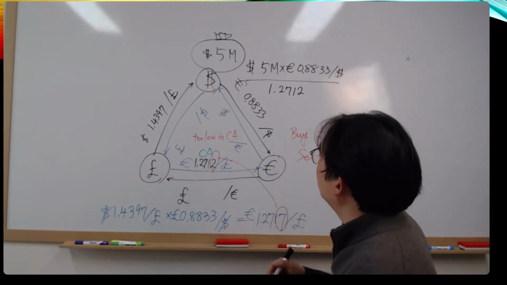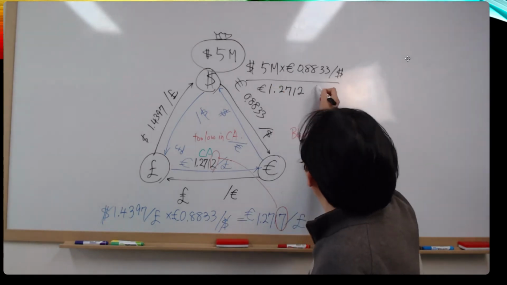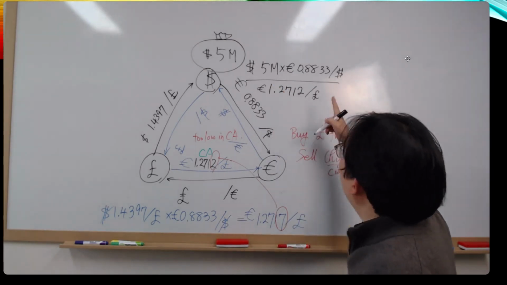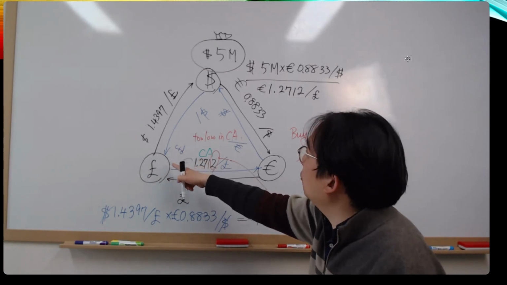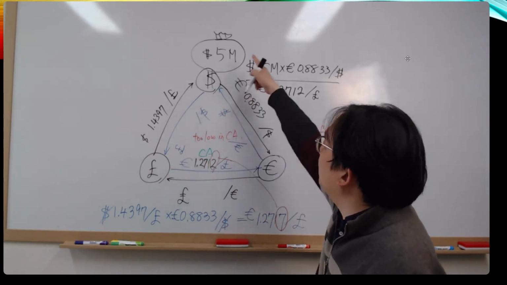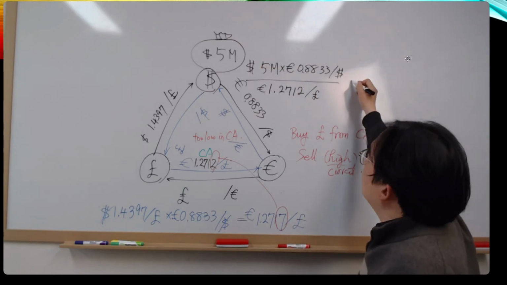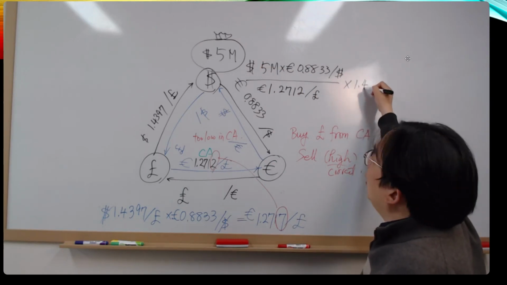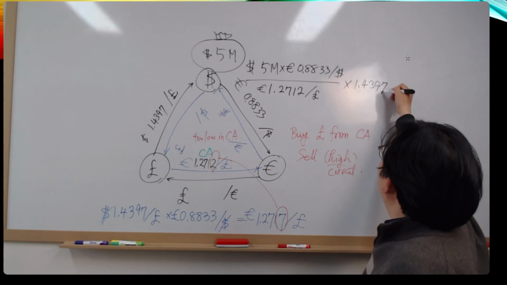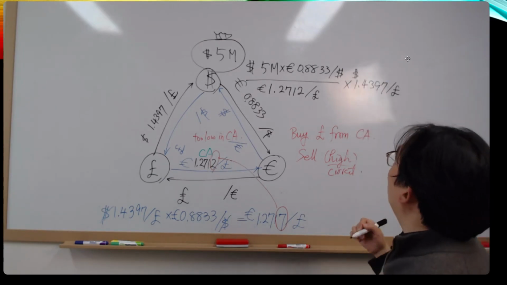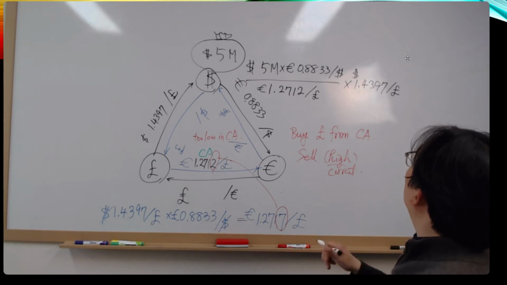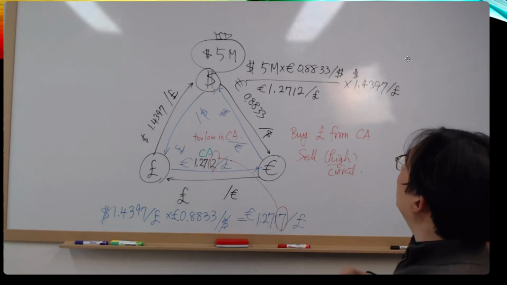So that's euro per pound. By that, you will have a whole bunch of British pounds. And then what do you do? Convert it into US dollars in that direct market. So 1.4397 US dollars per pound. Then what are you left with? Well, do the math.